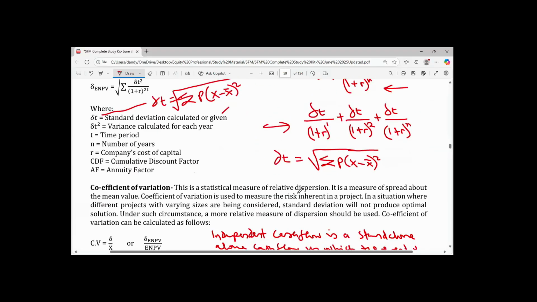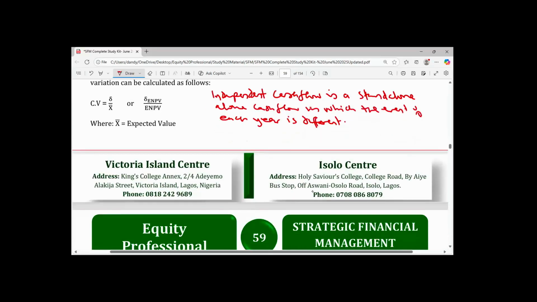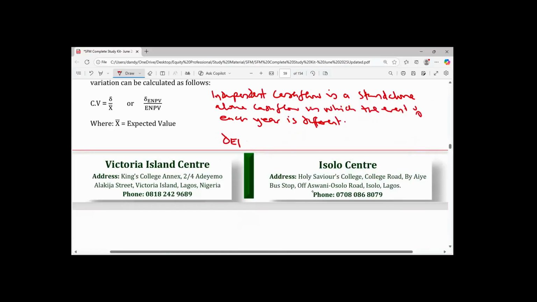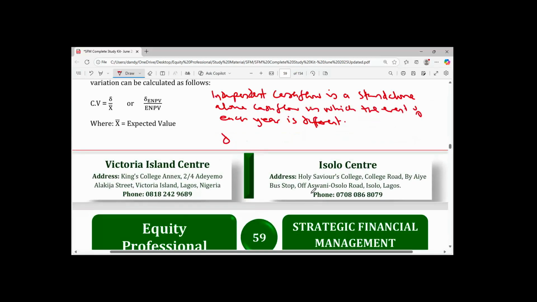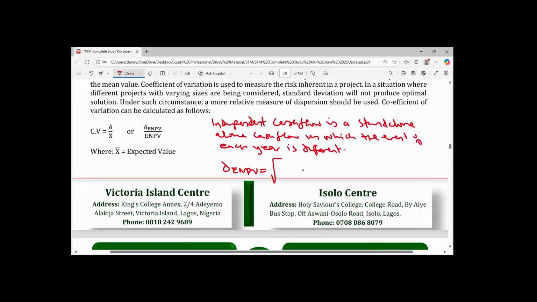of NPV, then in that case, the standard deviation of NPV will be computed as the square root of the summation of the variance of each year over (1 plus R) raised to power 2t.